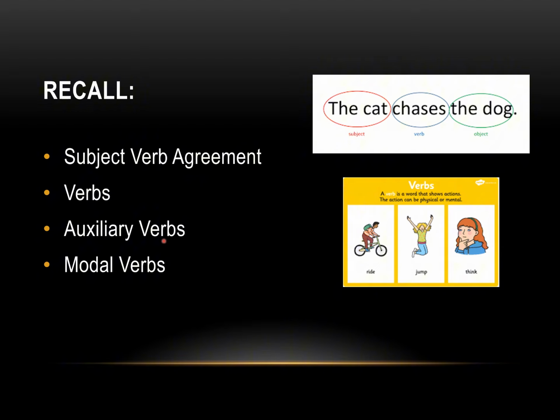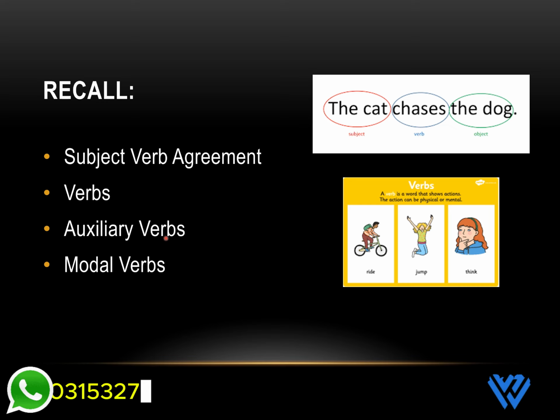The work is being done right now. If we use was, it shows that the girl was playing in past tense. It's the work of past tense. So auxiliary verbs are helping verbs. For example, is, am, are, was, were, has, have. All these are auxiliary verbs.